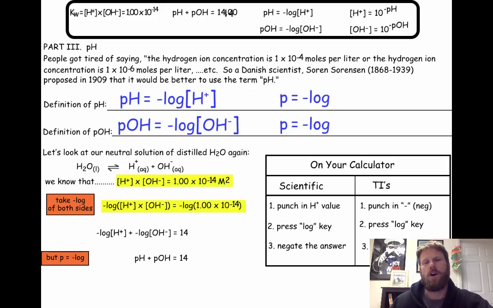So then negative log of H plus is pH, negative log of OH minus is pOH, so we can get another equation that can become useful for us when doing acid-base calculations. pH plus pOH is 14, and then pH is the negative log of the H plus concentration, and pOH is the negative log of the OH minus concentration.